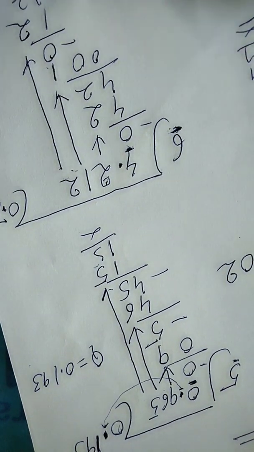Now the next concept is the division of a decimal number by a whole number. 0.5 divided by 2. So how can I divide it?